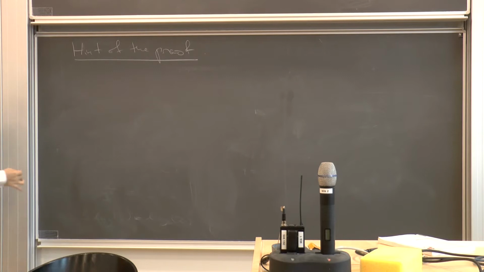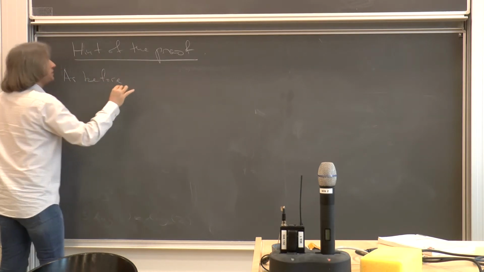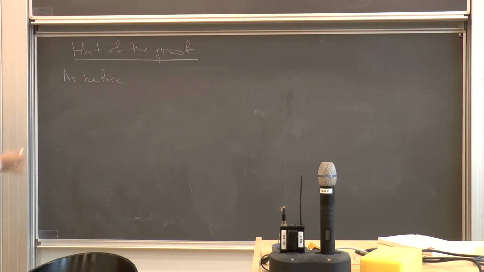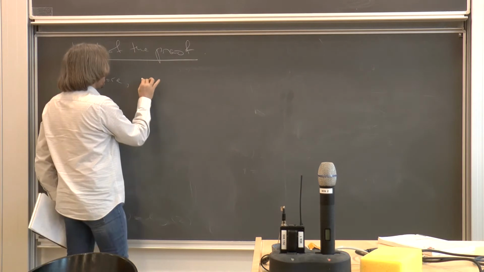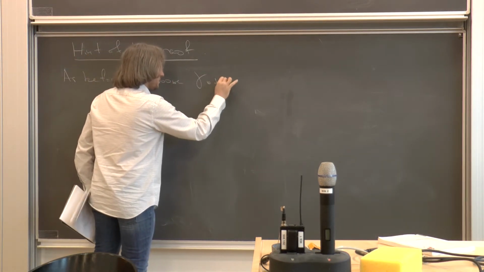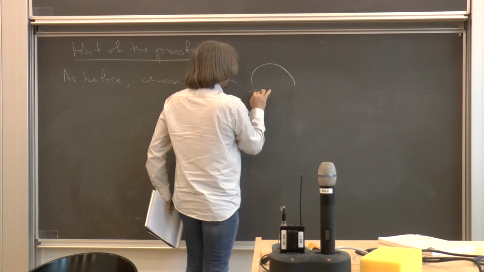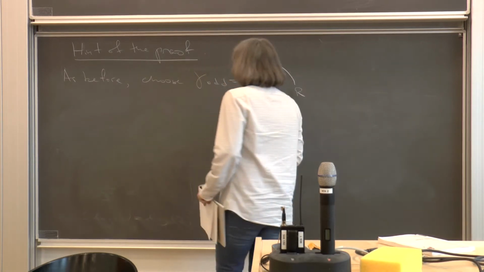So as before, even our conditions are about the half circle. So as before, choose gamma_R to be this.